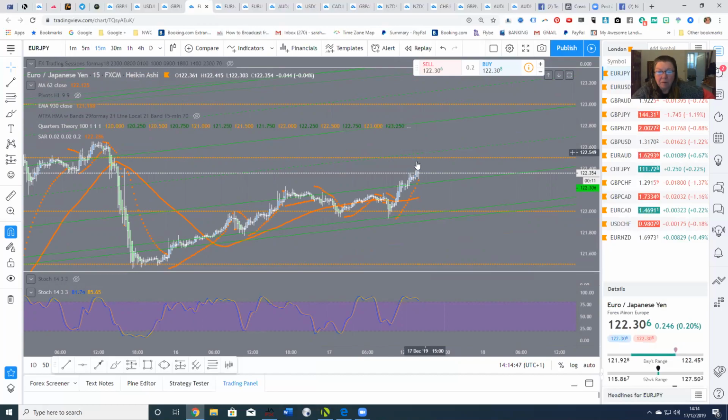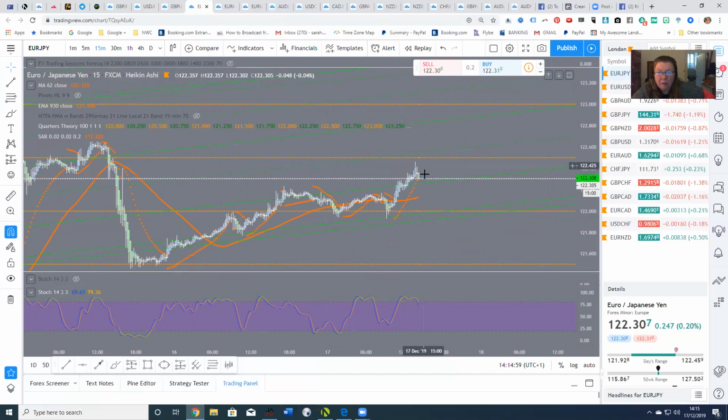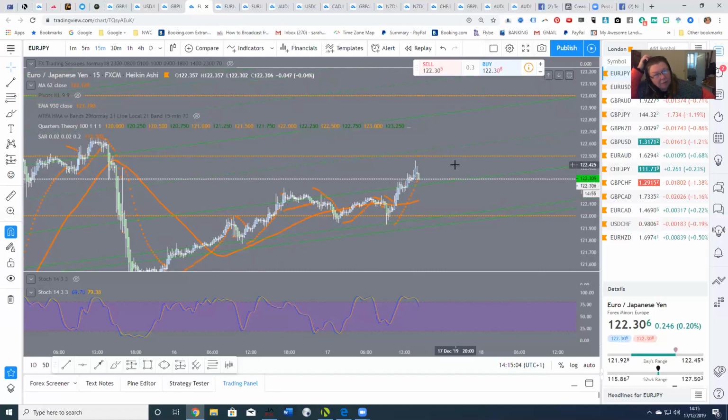So it just looks like it's coming up to that quarter theory. Let me measure the pips. So it was 4 pips off the quarter theory. I don't consider that quite a touch. 1 to 2 pips in this size market, 6.6 trillion, I consider a touch. That's perhaps a tiny bit off.